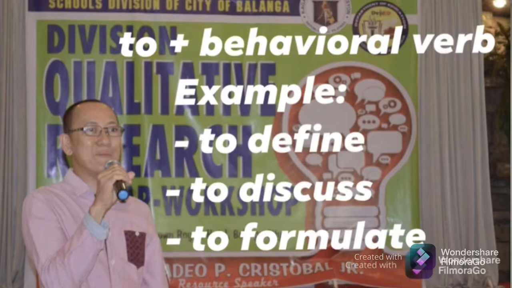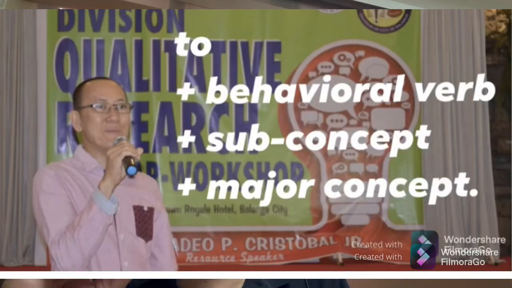So you have your opening phrase, the template, and number 2, the infinitive, the to plus the behavioral verb, and then the third one will be your concept and subconcept, or the topic or subtopic, or the subvariable or the major variable.